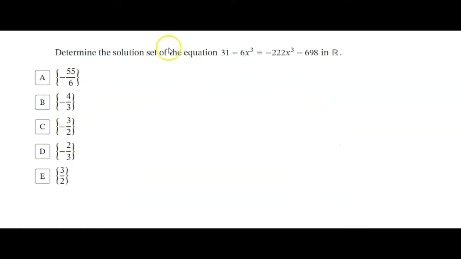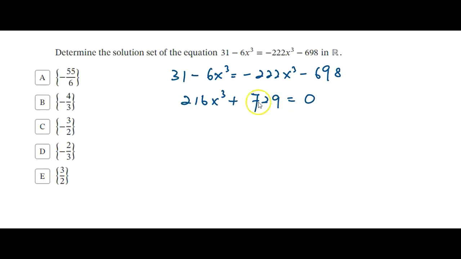Okay, this is the last question for our revision of this topic 2, where I need to find the solution set of the equation 31 minus 6x cubed equals to negative 222x cubed minus 698. So collect all the like terms and move all the terms to one side, that is your left hand side. For the x cubed term, you have 216x cubed and the constant is 729.